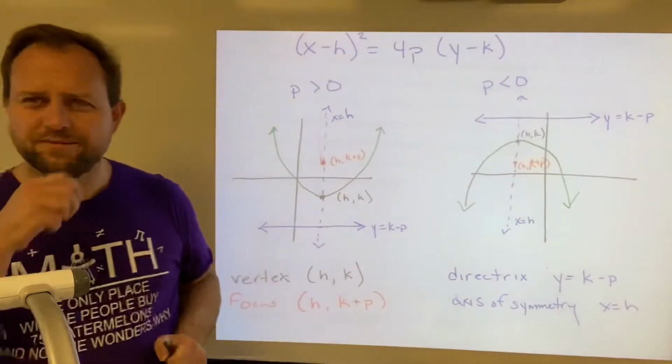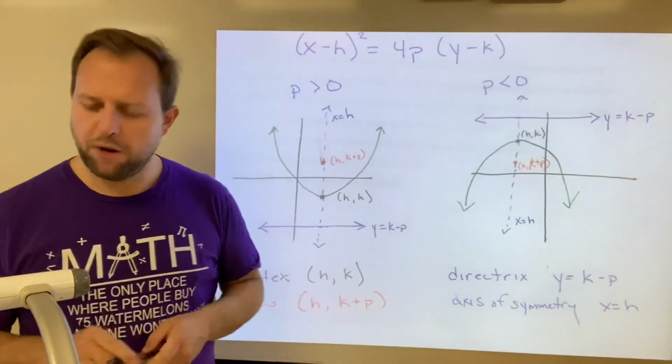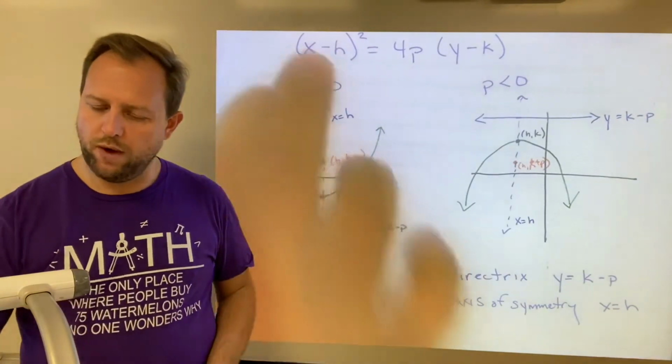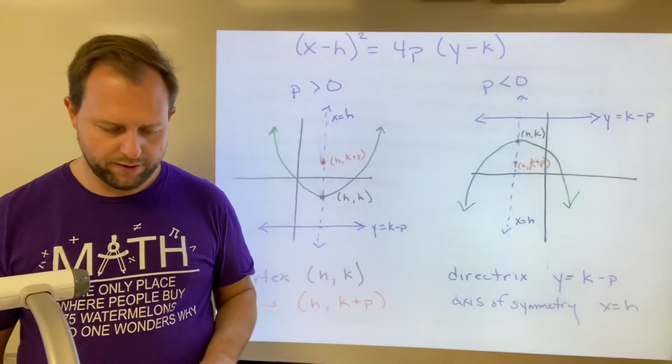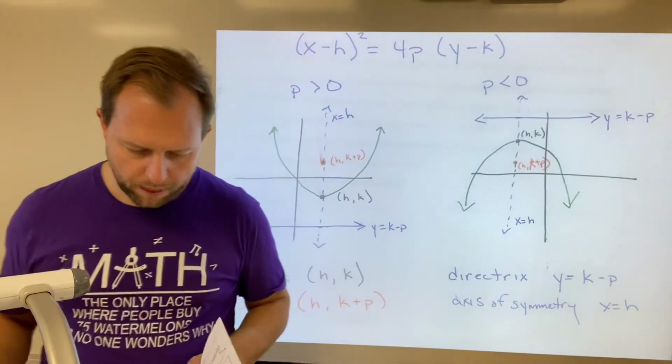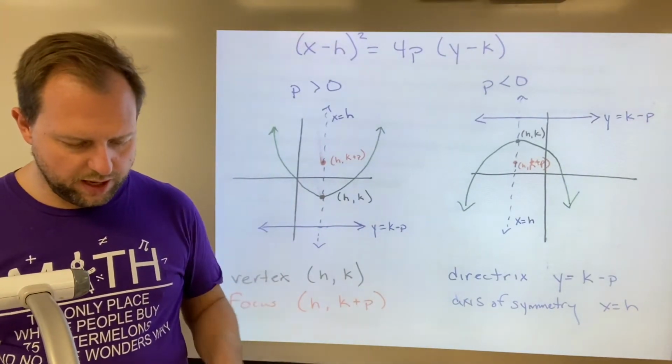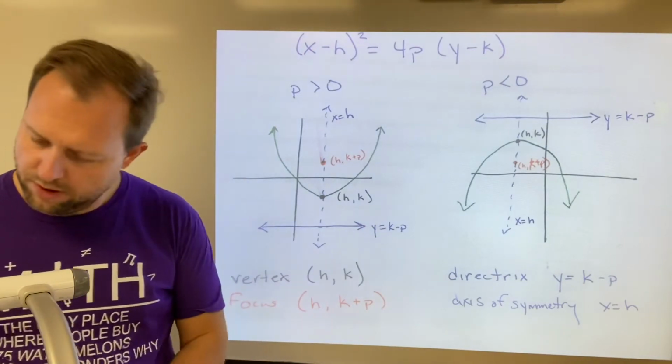Okay? Those are the parts of a parabola. And so if we're given an actual equation, we can graph it. So let's look at a couple of graphs.